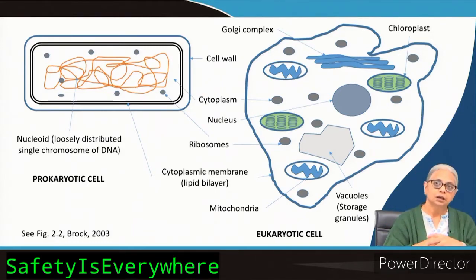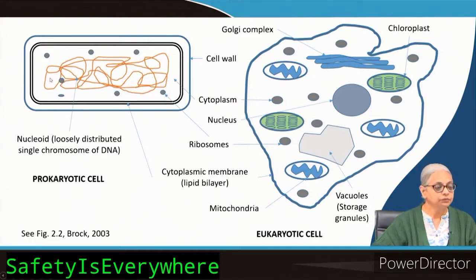So this is a prokaryotic cell which has a single chromosome, which is a double-stranded DNA molecule. It's a single molecule, and it's a long circular molecule.